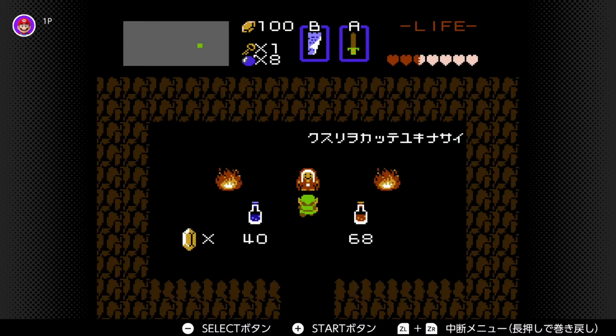Kusuri is the Japanese word for medicine. It should be either unaccented or accented on the last one. Let's see. Kusuri.